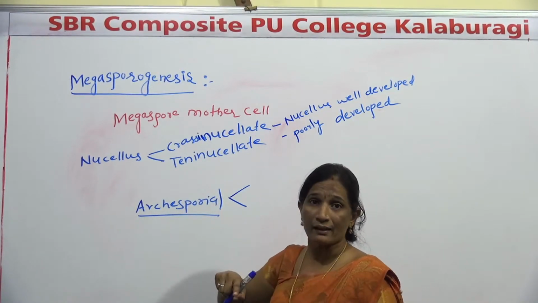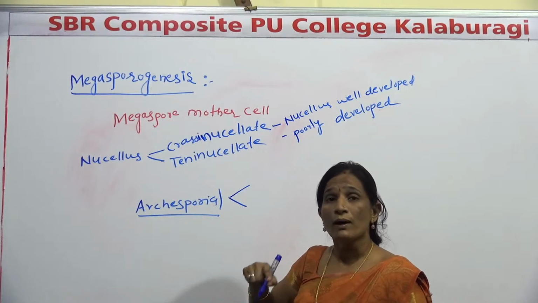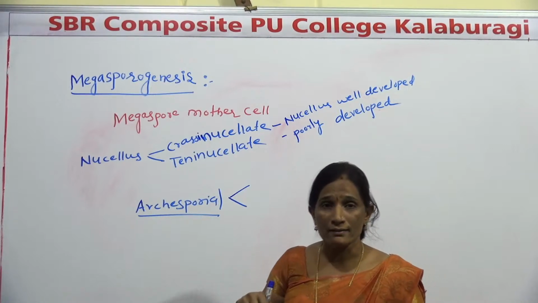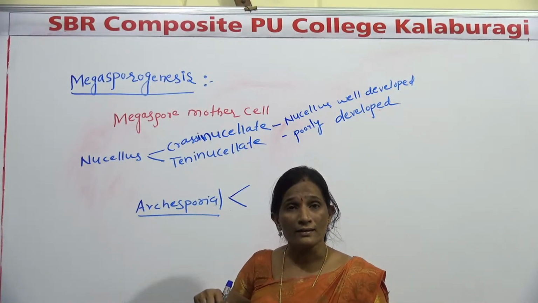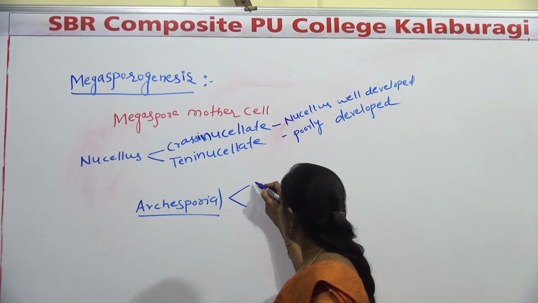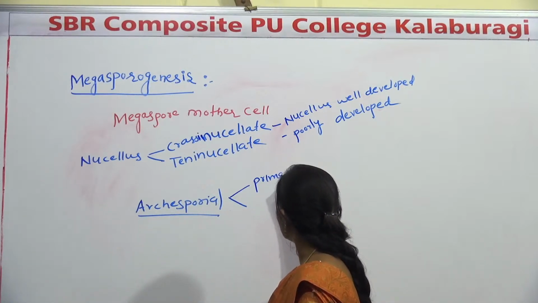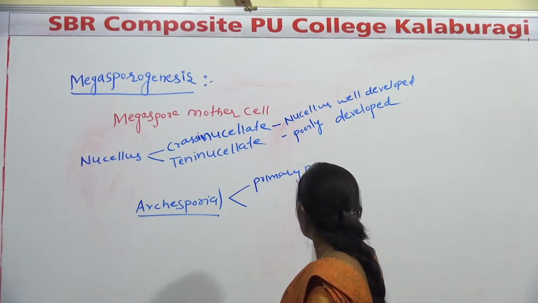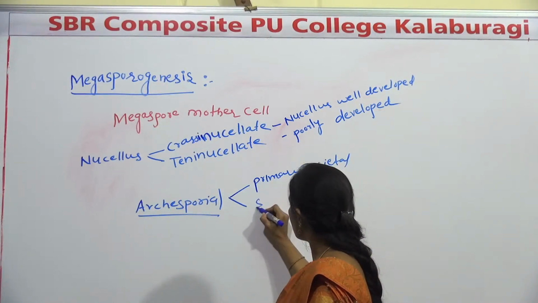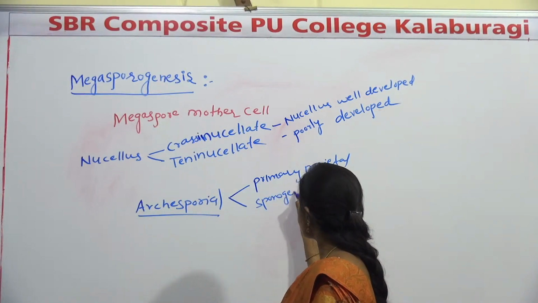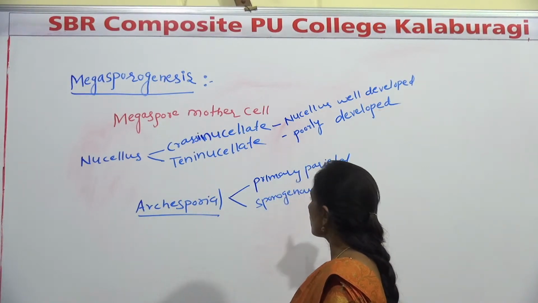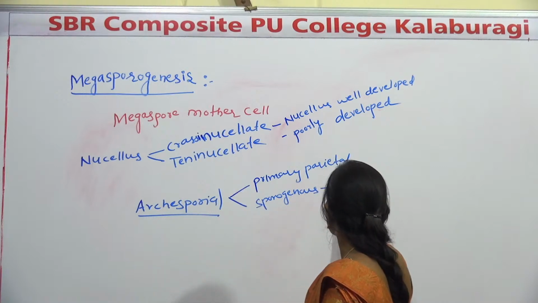It divides periclinally to form two cells: the primary parietal cell and the second one, the sporogenous cell. And this sporogenous cell, what does it develop?